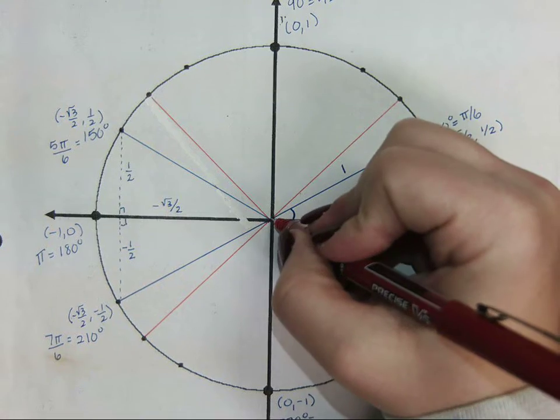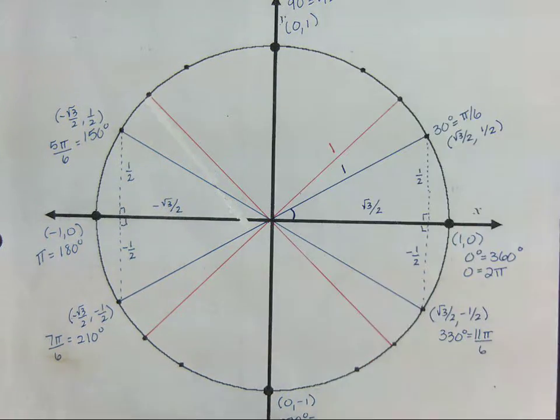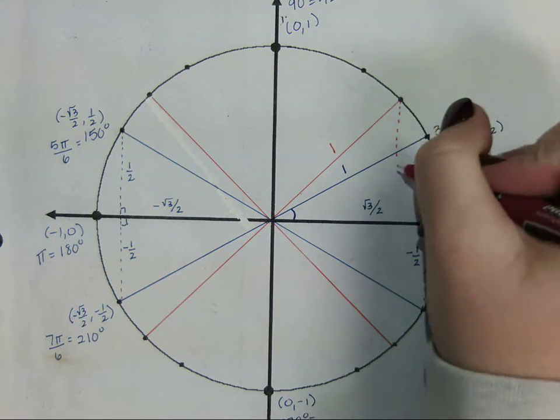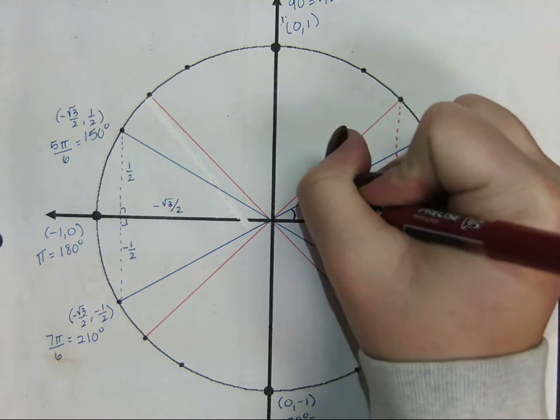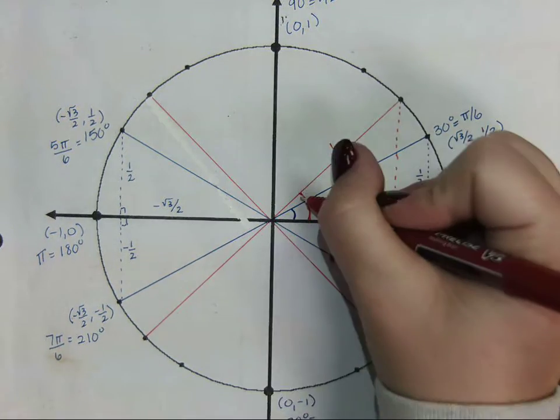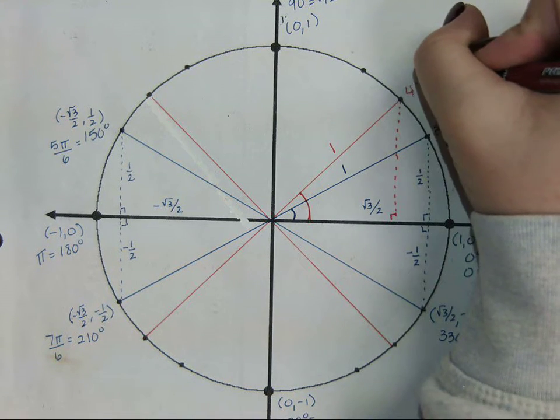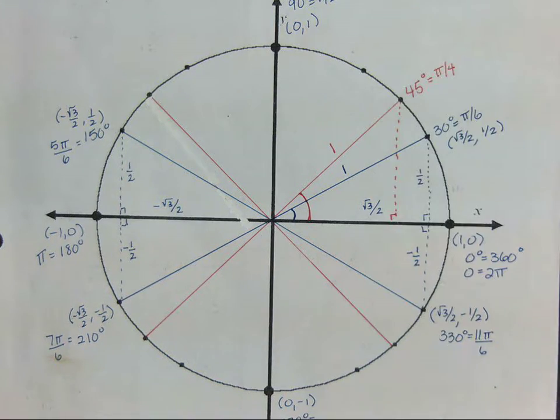And I'd like to see that going from the center, again, to the edge also has an increment of 1. And so when I drop down my perpendicular line here, this central angle right here now is 45 degrees. So again, the central angle being 45 degrees means this arc is also 45 degrees. And that's the same as a pi over 4 increment.